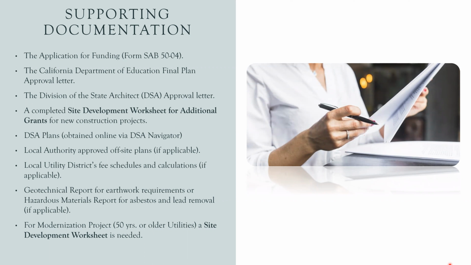If you're submitting a new construction project where you are requesting site development, you would need a site development worksheet for additional grants. Also needed are DSA plans, and local authority approved offsite plans, only if applicable. Local utility district fee schedules and calculations, and the geotechnical report and/or hazardous materials report, once again, only if applicable.